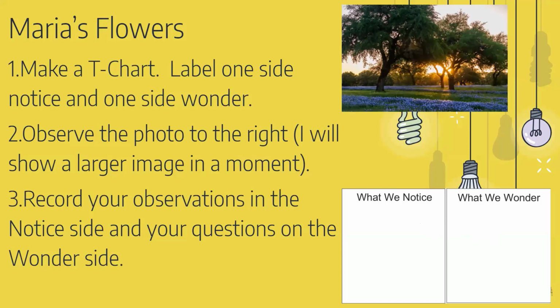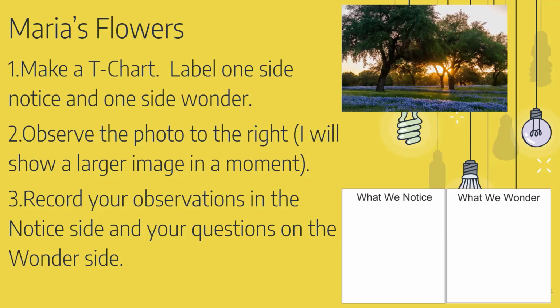You're going to look at this image of Maria's flowers, taken in a park somewhere where students and their teacher are observing. So I want you to put your student hat on and pretend you're a student and your teacher is taking you out and you're observing this photo.